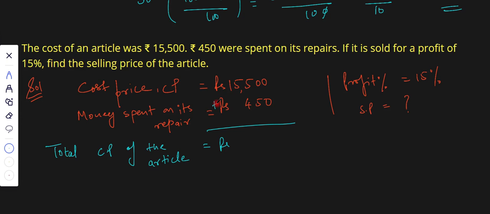That is 15,500 and 450 rupees. So this will give you 15,950 rupees. This is the total amount that a person spent on an article while purchasing, right? So 15,500 is the cost and 450 is the repairing cost. So obviously this complete will give you the total cost price of that article.